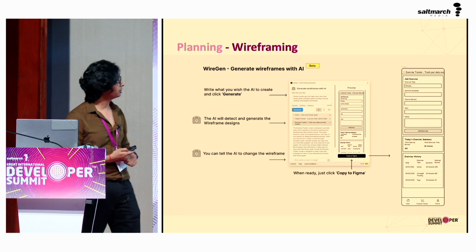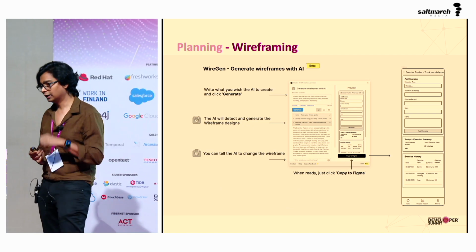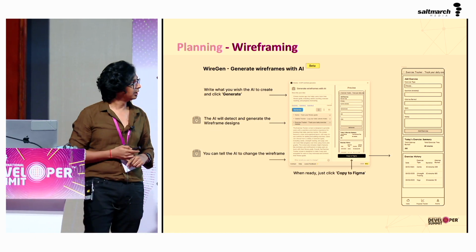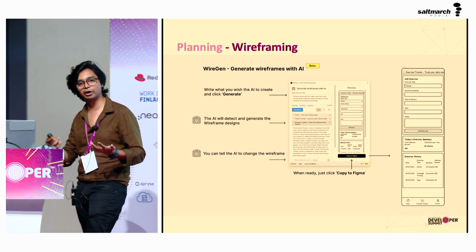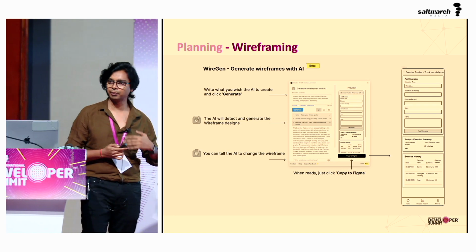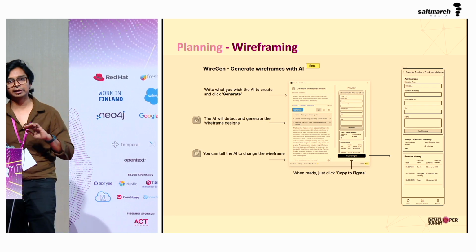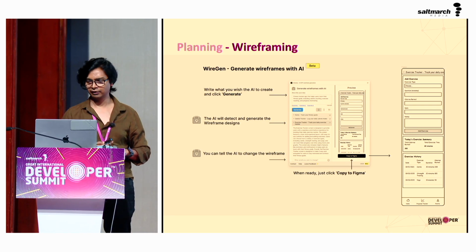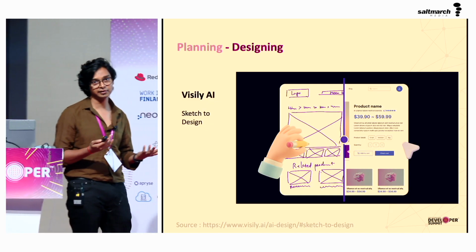Or you can use it for wireframing, which is, okay, I may not be good at, let's say, Figma, but maybe I don't need to be. All I have to do is put text in terms of what I want and what kind of wireframes that you want. And there are a bunch of plugins, a bunch of tools which are available which can give you these low fidelity wireframes. But why only low fidelity wireframes when you can actually go to the complete high fidelity design itself?